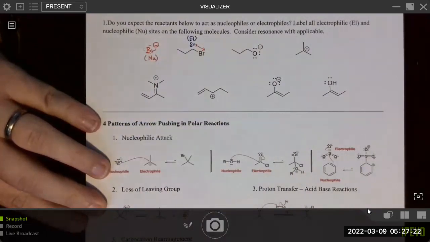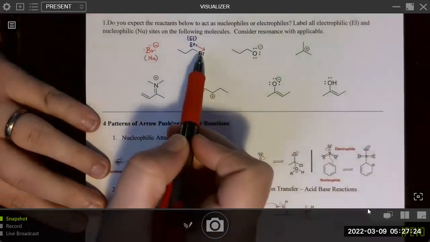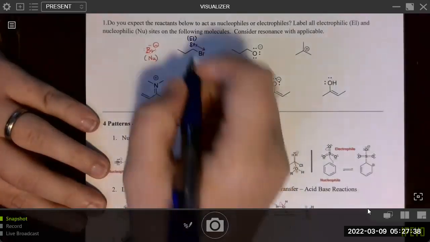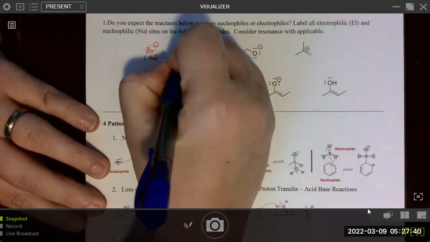That's what's considered nucleophilic. But right now, while it's attached to the carbon, it is not. And that stands for chlorine and iodine as well. Okay, moving on. So I would expect this one to primarily be electrophilic.